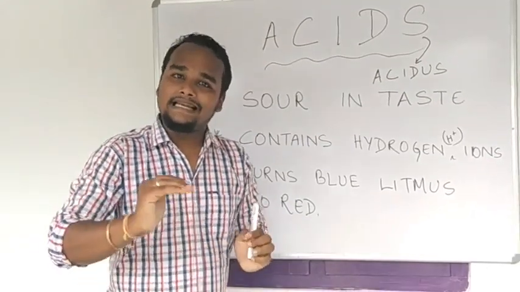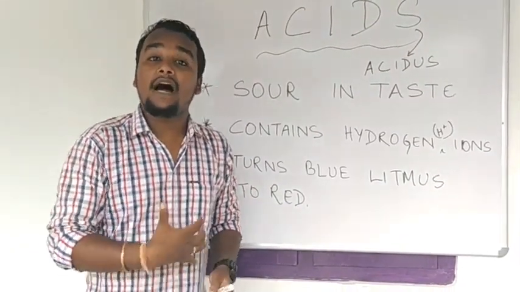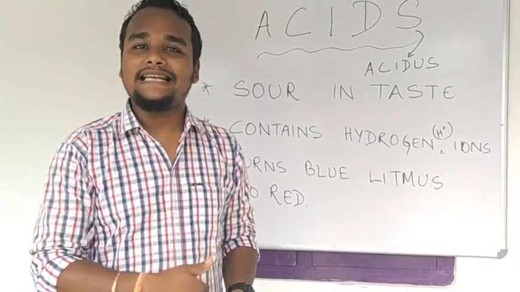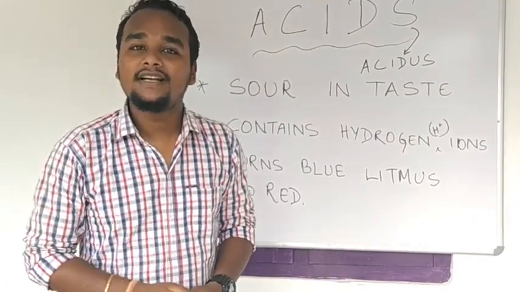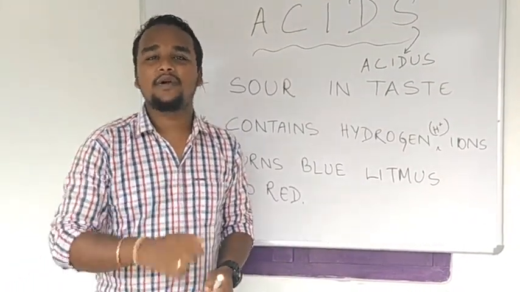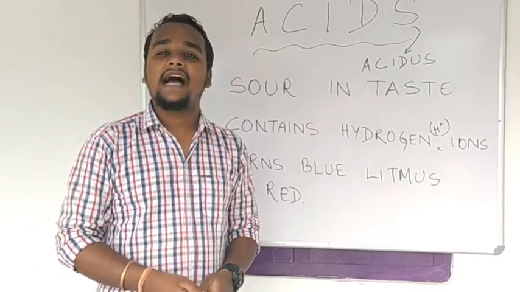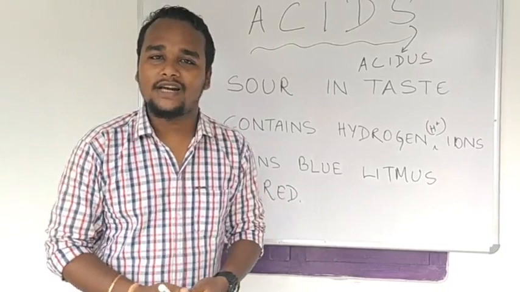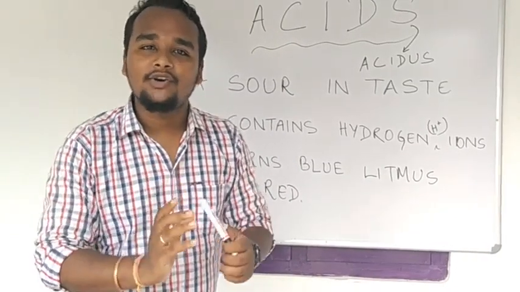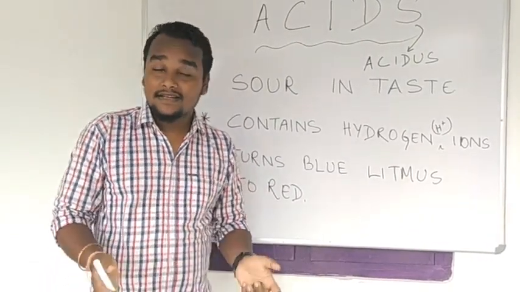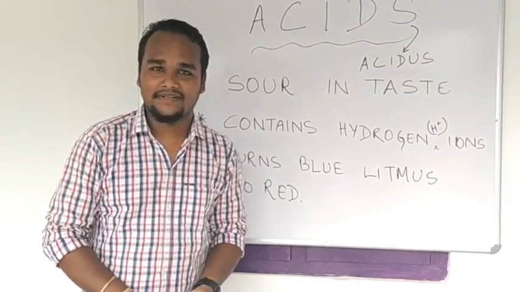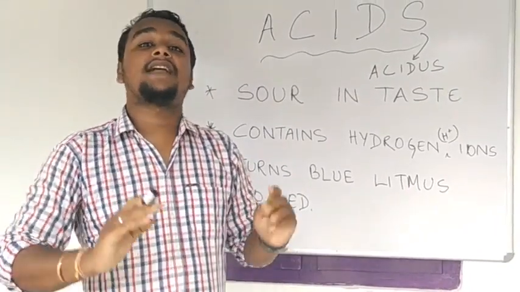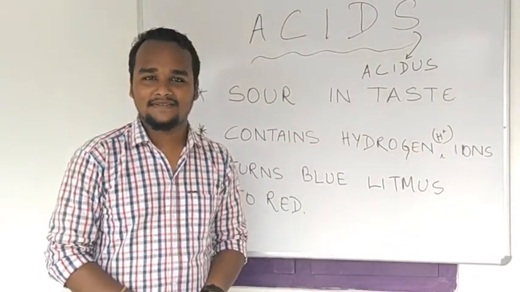In fact, our stomach, which is present inside this portion, also contains a kind of acid called hydrochloric acid. Even our body contains an acid, hydrochloric acid. Isn't it interesting? It is interesting, right?